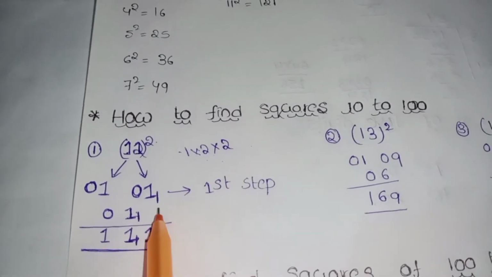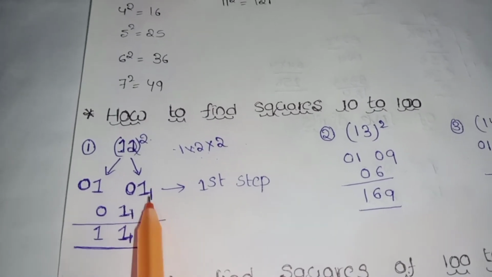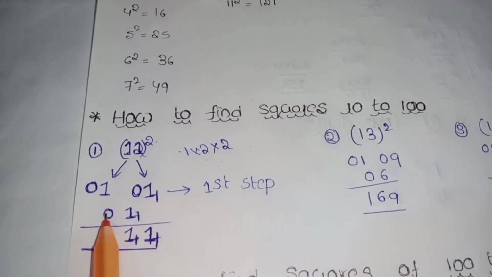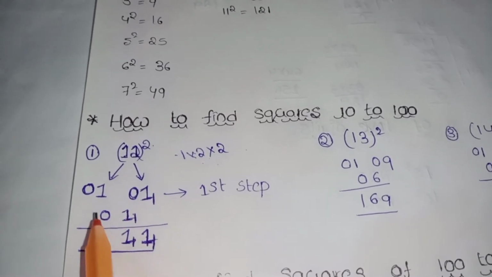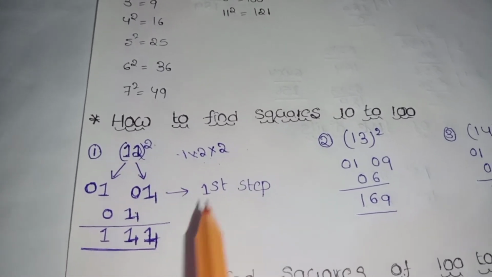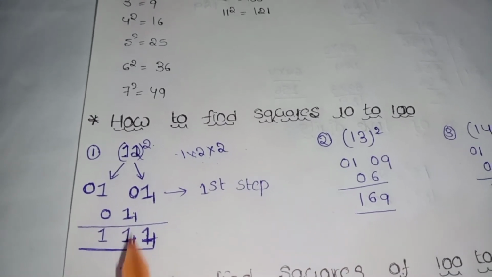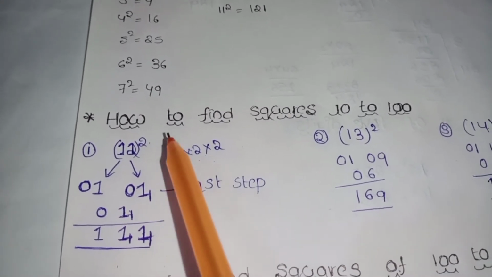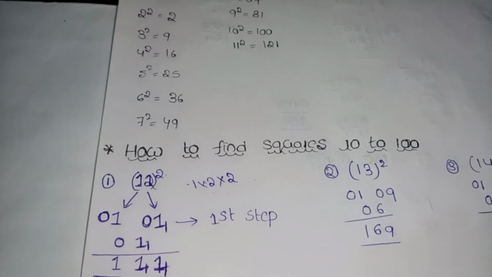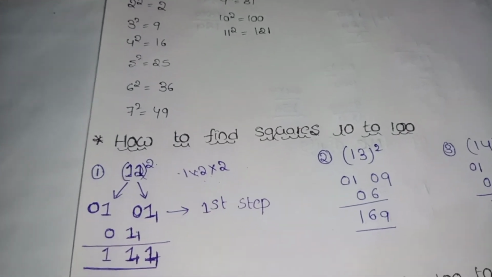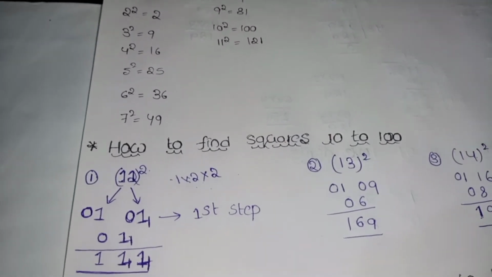So leave this one's digit and write 0, 4 here, and add this number: 4, 4, 1. Yes, 12 12s are 144. So we have the answer of 12 square. There is no learning by heart. There is a trick. If you follow this trick, it is very easy.